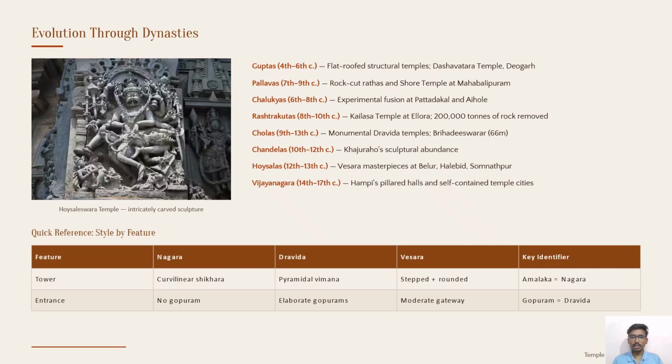Cholas: monumental Dravida temple, Brihadeshwara, 66 meters. Chandelas: Khajuraho sculpture abundance. Hoysalas: Vesara masterpieces at Belur, Halebeedu and Somanathapura. Vijayanagara: Hampi pillared halls and self-contained temple cities.